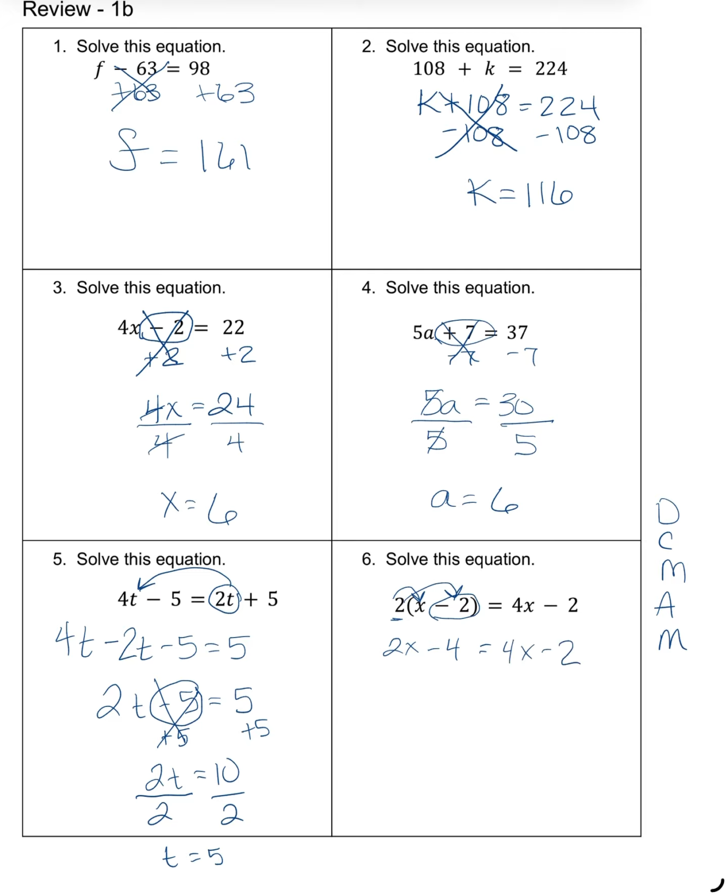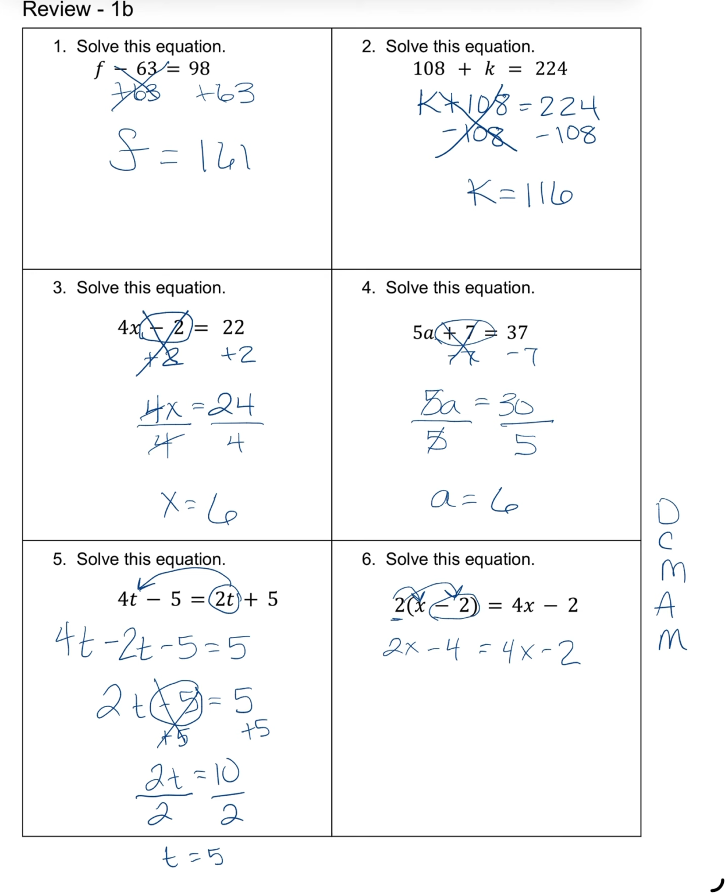Then right now, there's nothing we can combine, but we do recognize that we've got a 2x and a 4x on either side of the equal sign. So we're going to have to move one of those x's to the other side. And it doesn't matter which one you do, but a lot of times we like our letter to be on the left-hand side.